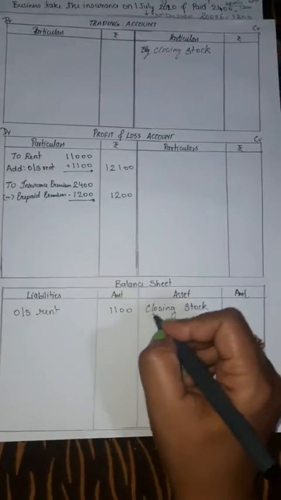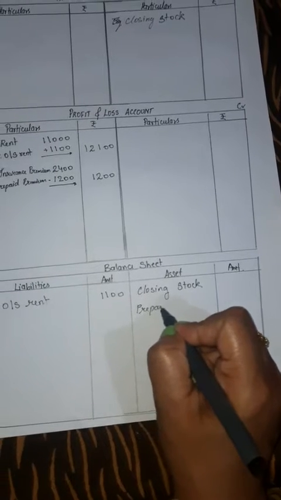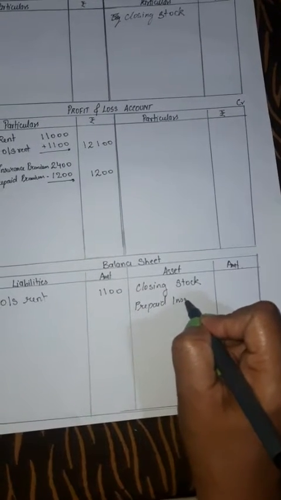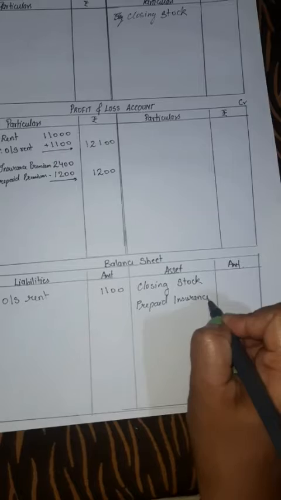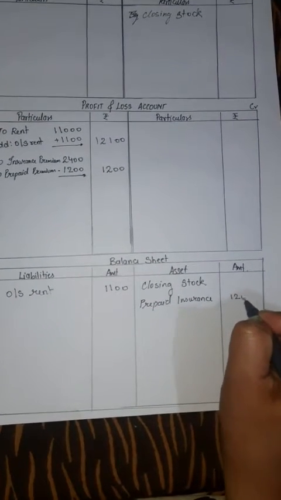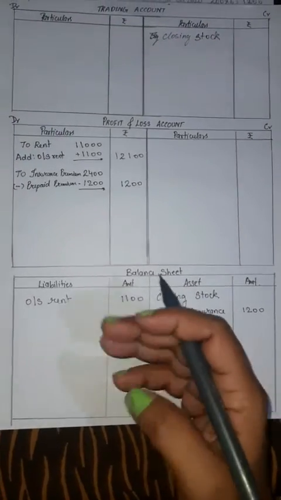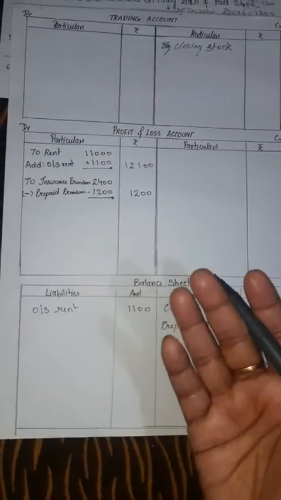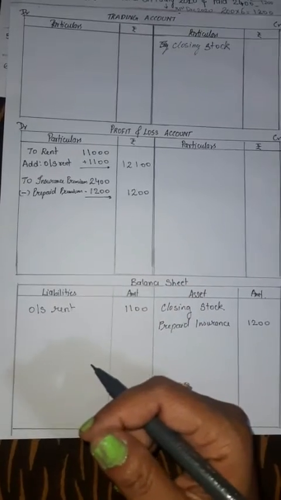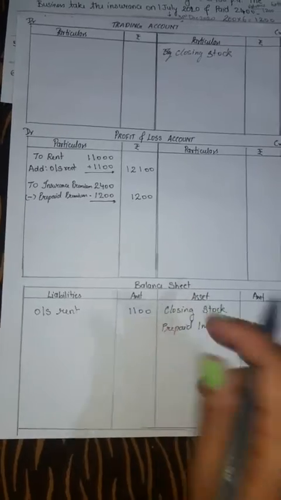So prepaid insurance is an asset for us, because as I told you, anything which is given as advance can be taken back. So prepaid insurance, which is given as an advance, we can take that money back. So it is like an asset for us.